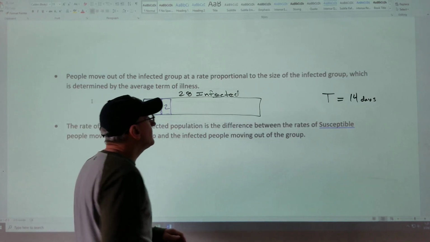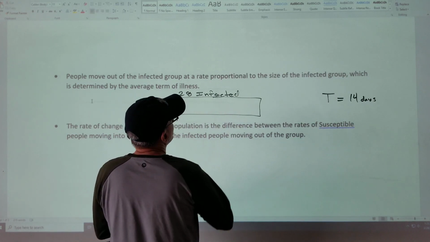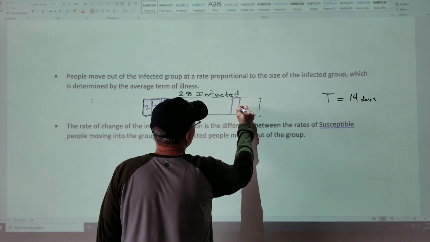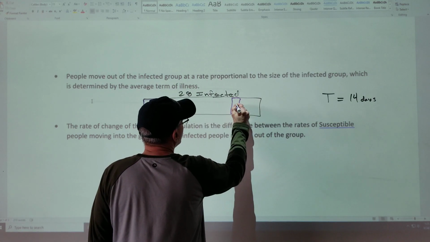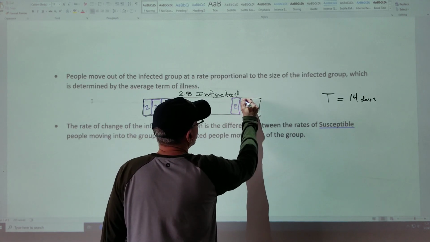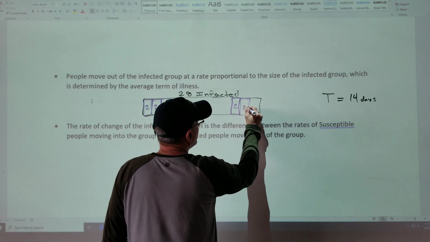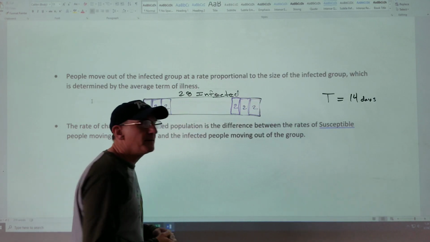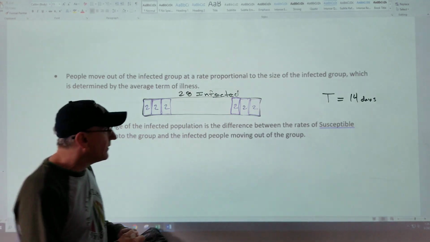Likewise, way down at this end, you have 2 people who are on the 12th day of their illness, 2 people who are on the 13th day of their illness, and 2 people who are on the very last day of their illness and ready to do what? That's right.